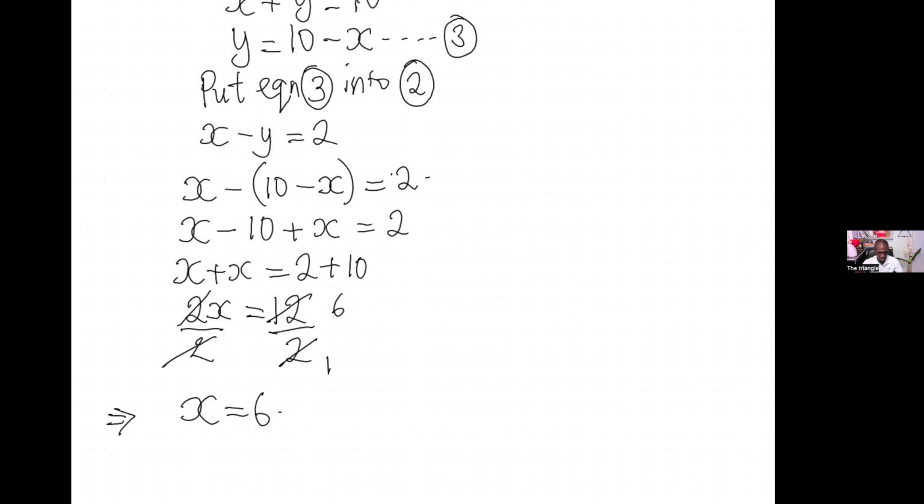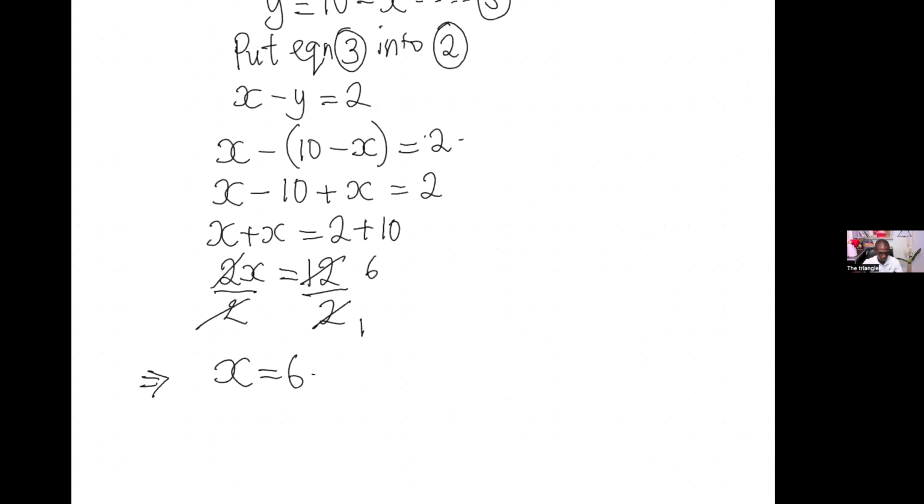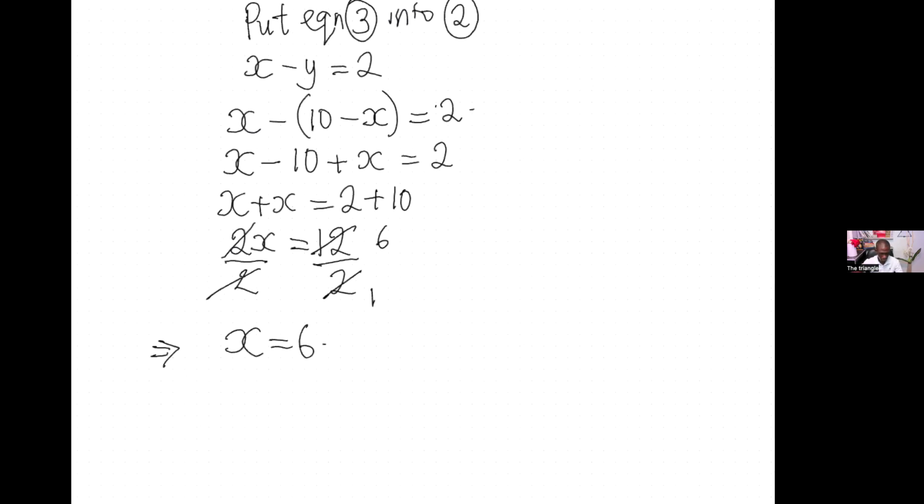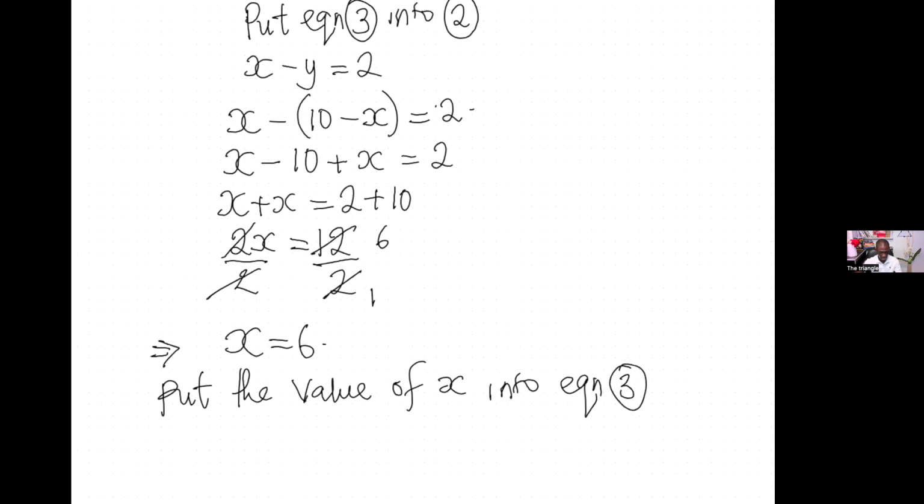Now, we'll put the value of x into equation 3. What's our equation 3? Our equation 3 is y equals 10 minus x.